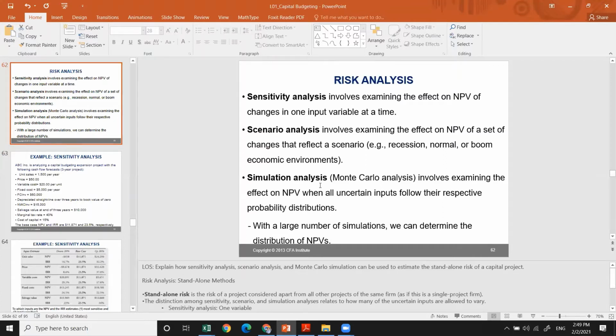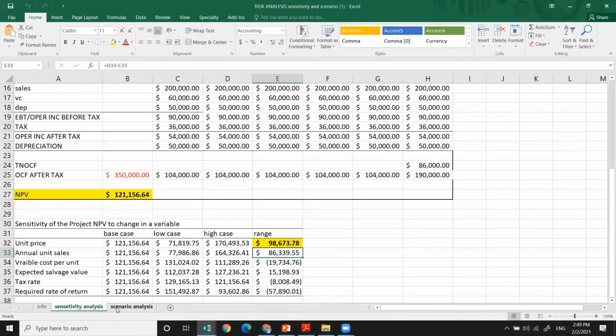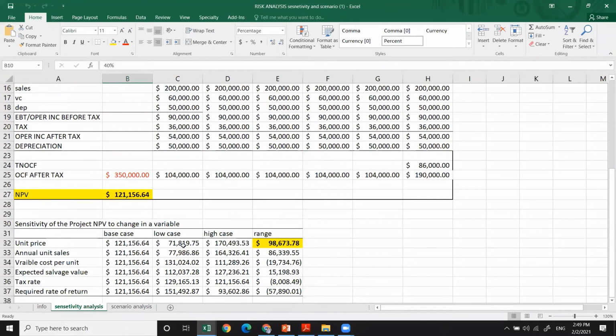And when it comes to the simulation analysis, so let me just illustrate here. This is sensitivity analysis. We change the variables one by one and try to see how the NPV changes. If you change the unit price, this will be the NPV.